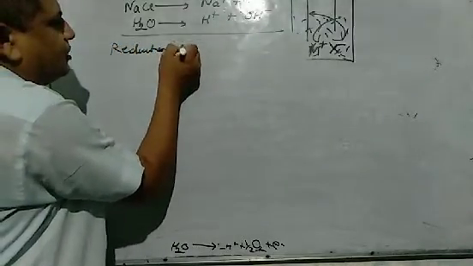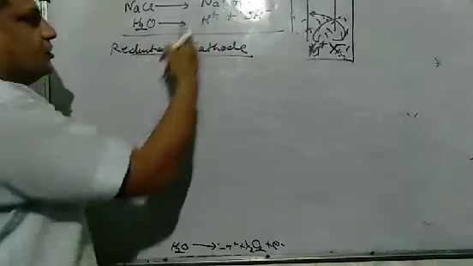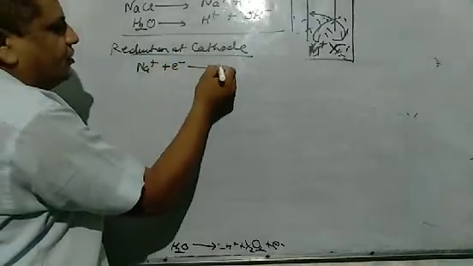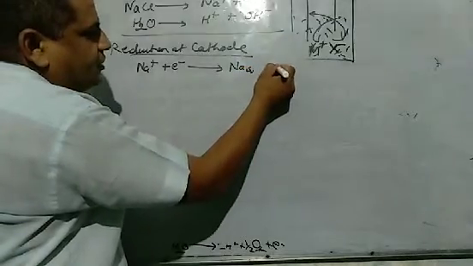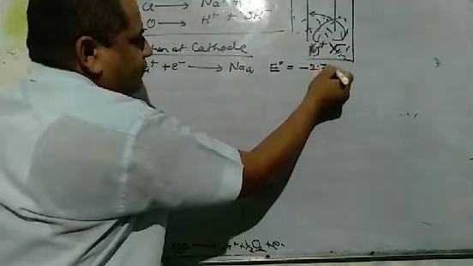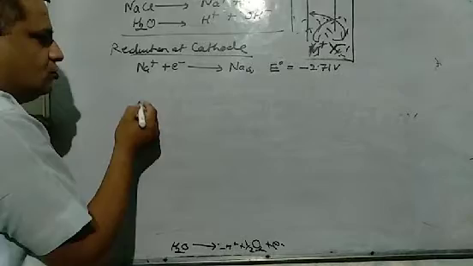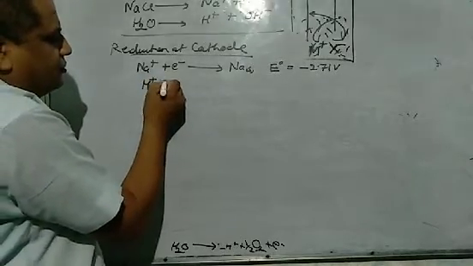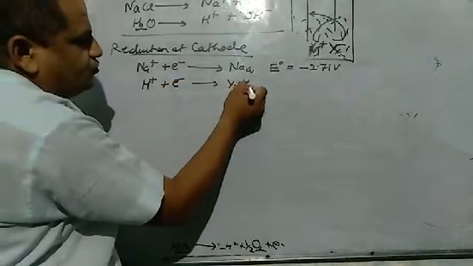Reduction at cathode. Na+ plus electron gives Na solid; its standard electrode potential is -2.71 volt. H+ also migrates toward the cathode: H+ plus electron gives half H2.